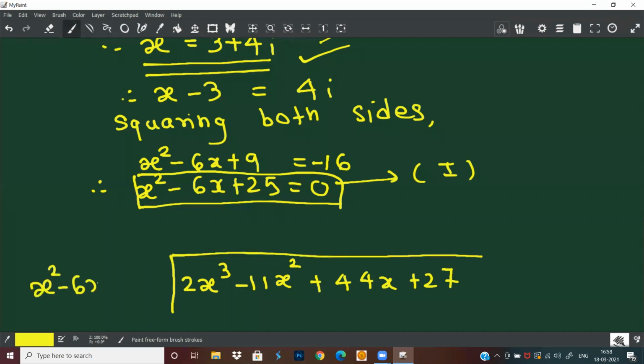You will understand why. Yes, polynomial division, absolutely correct. Why we do this, you will understand in one minute when this division is complete.